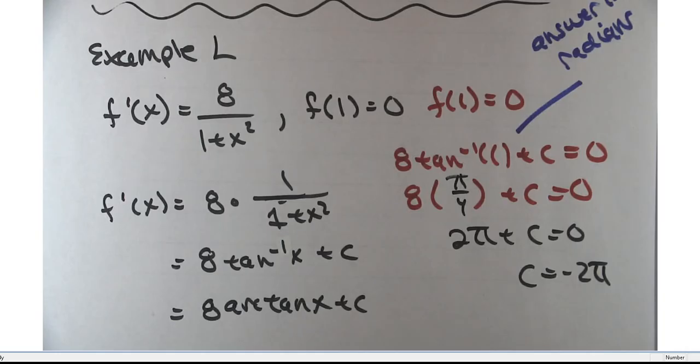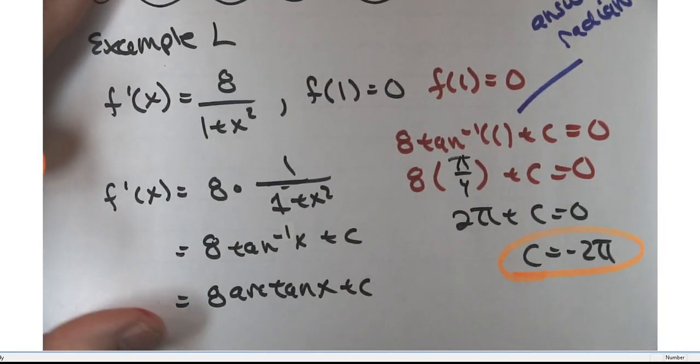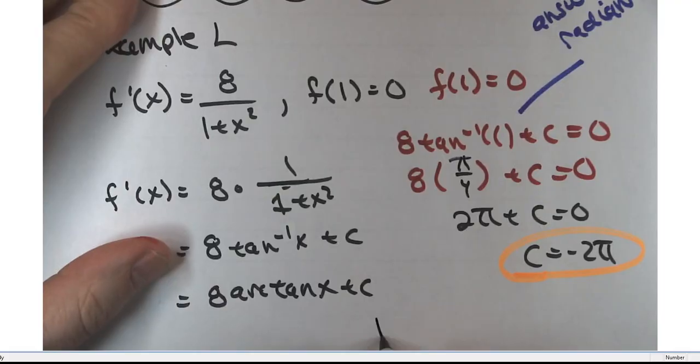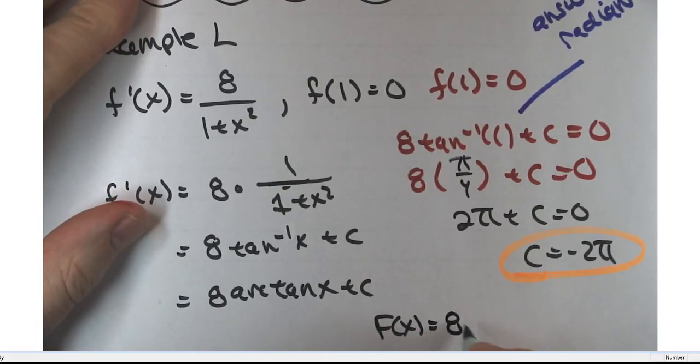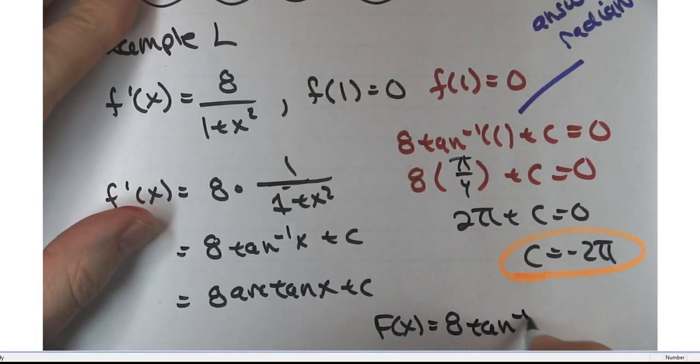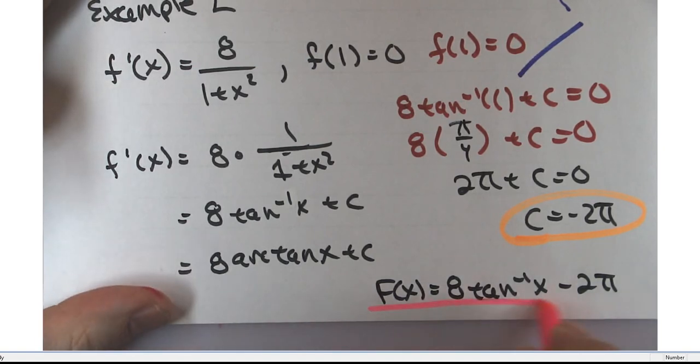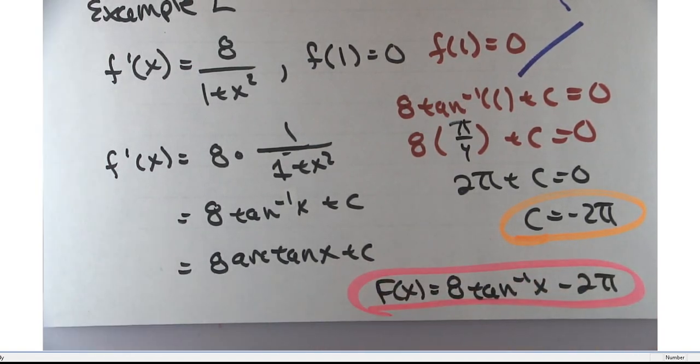Nice. Your final answer for the antiderivative then would be capital F of x is 8 inverse tangent of x minus 2 pi. So that's what I'd be looking for as a final answer there. Comments on that one? Are we all right there? Keegan, looking good? All right, cool.